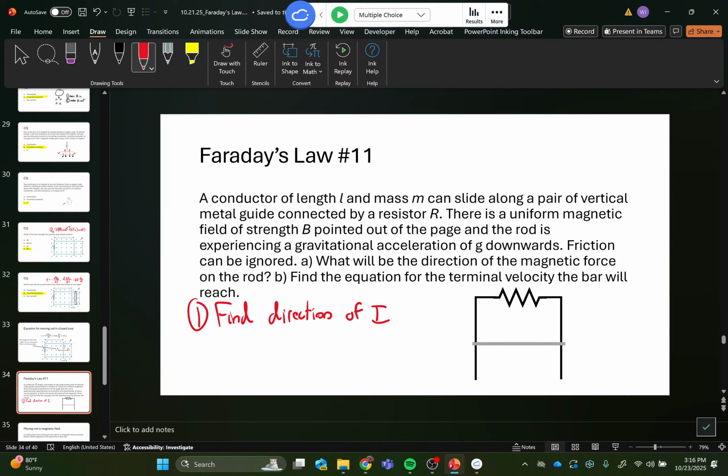Clockwise? Yes. Okay, and then you point to the left.